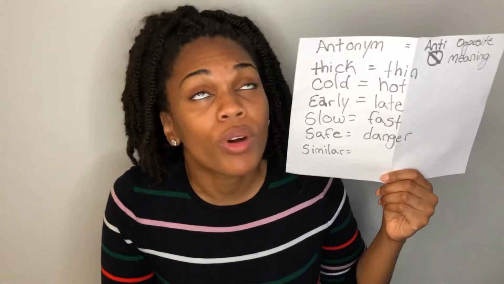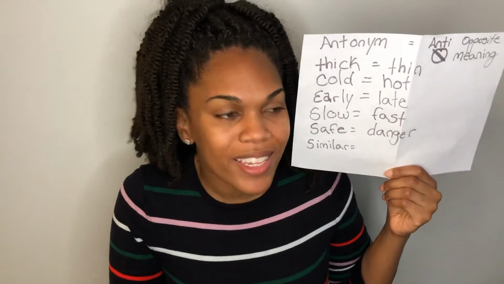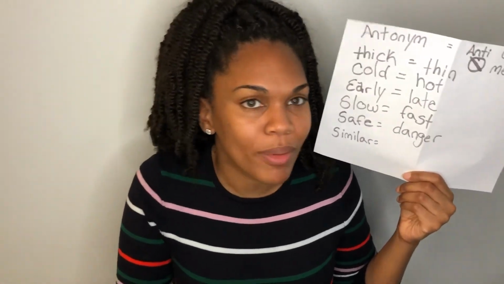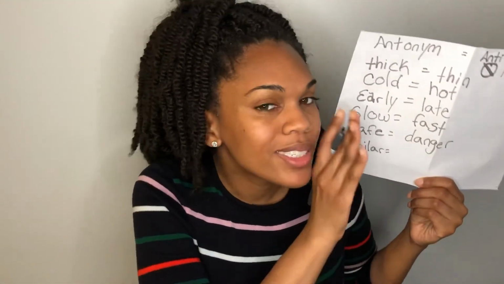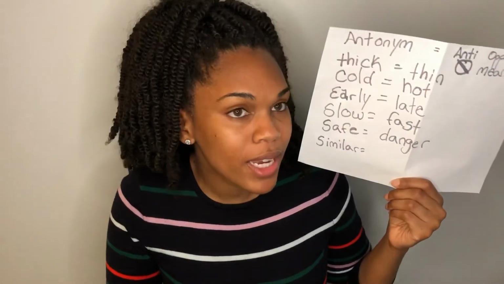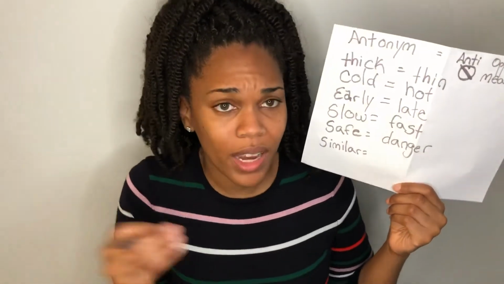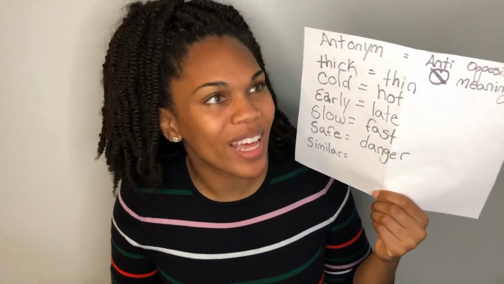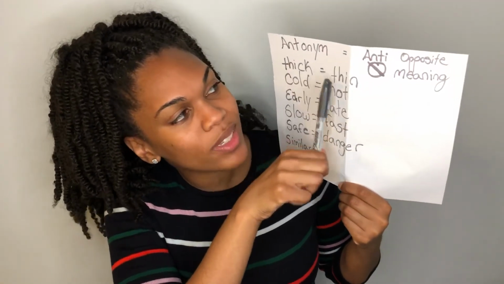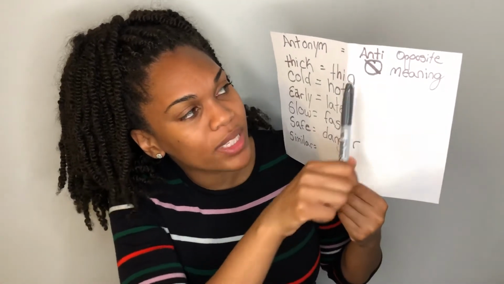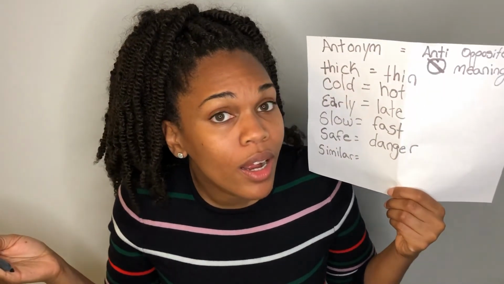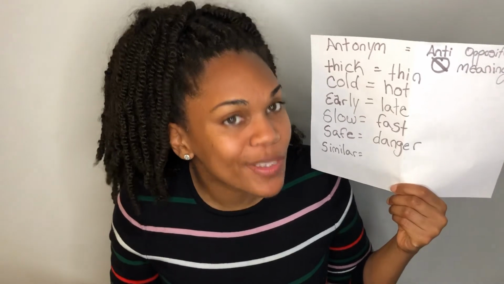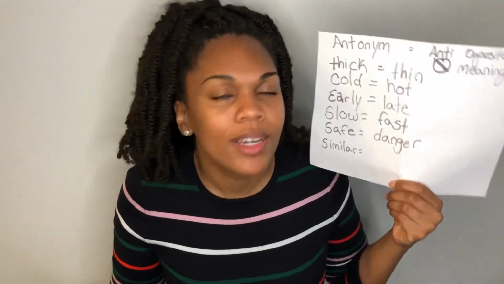All right, and our last one is similar. Now this is a great one to know because this is what we've been practicing. Similar, same, synonyms. So when we're talking about something that's similar, we're talking about things that are the same. Luckily enough, we're doing a whole lesson on antonyms, meaning that they're the opposite. They are, if you're thinking different, hello, you're right.